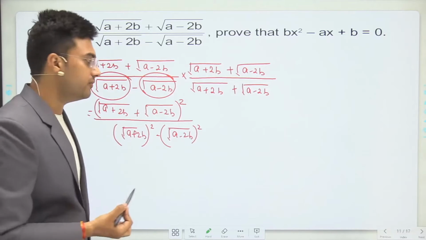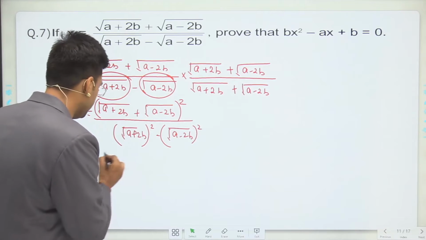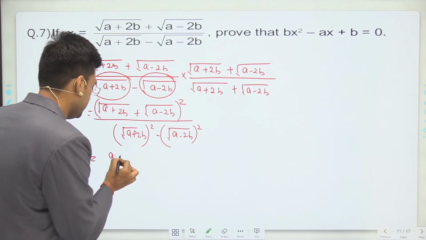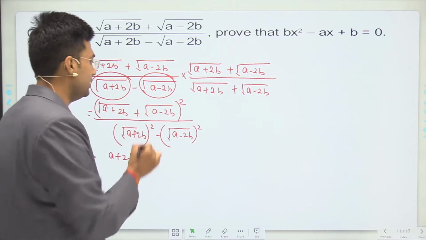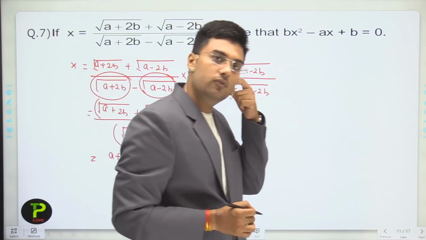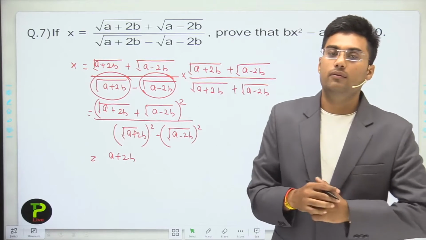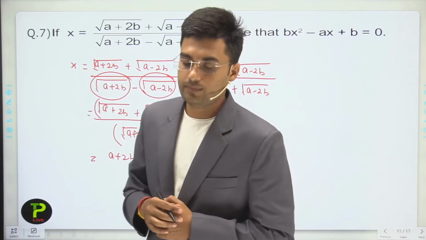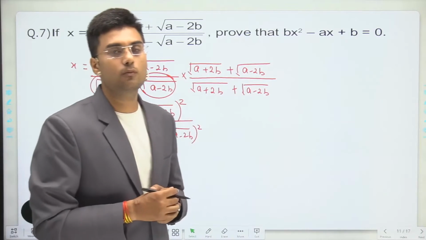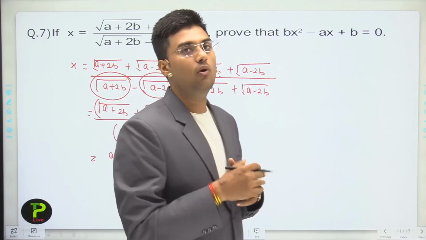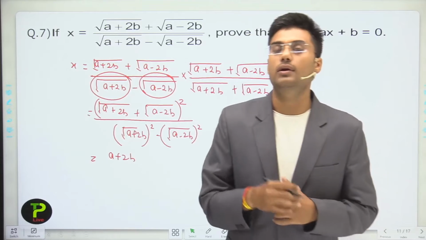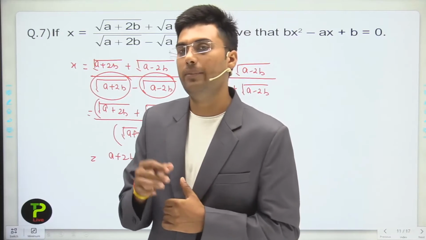And dear students, when we solve this, what will we get? We will get a plus 2b. When we solve this, we have to use the formula of a plus b whole square, and it is equal to a square plus b square plus 2ab.